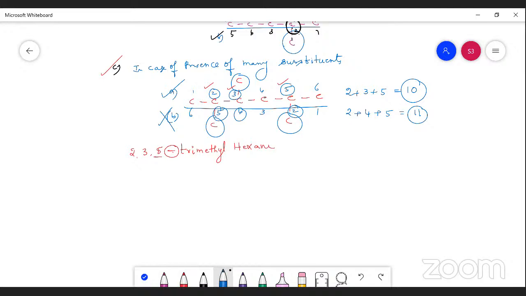Next, move to the fourth rule. What is the fourth rule? That is the equivalent rule. As per this equivalent rule, let us take an example.